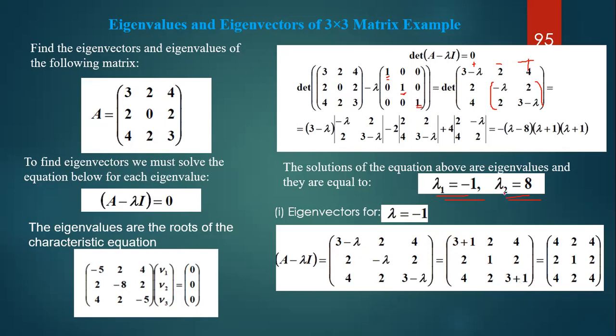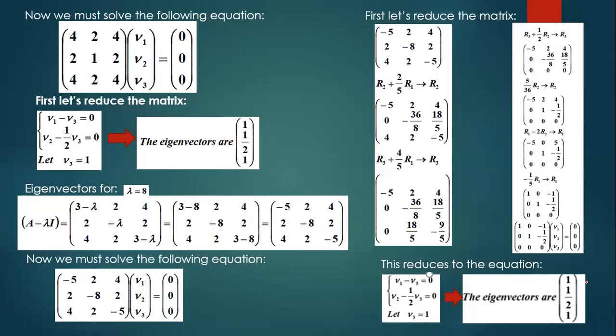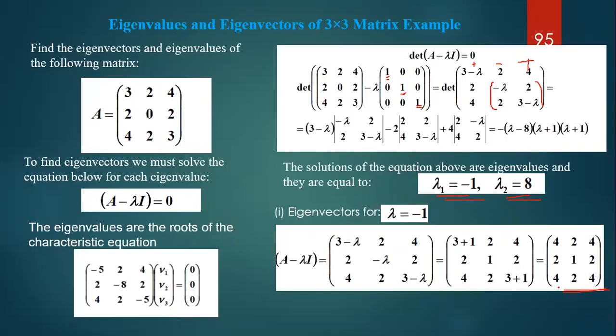So this is the A minus lambda I value, and based on this, this is the equation having A minus lambda I times v. Okay.